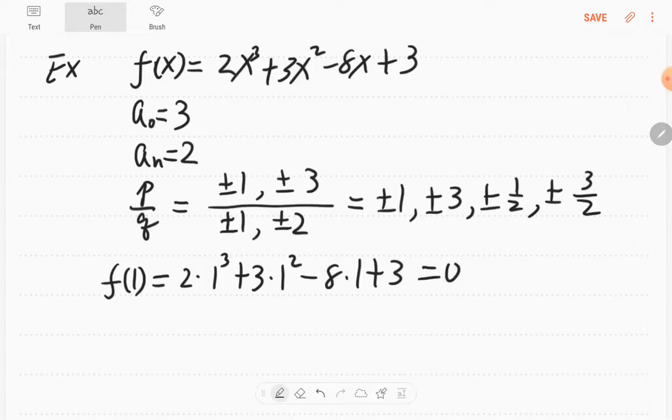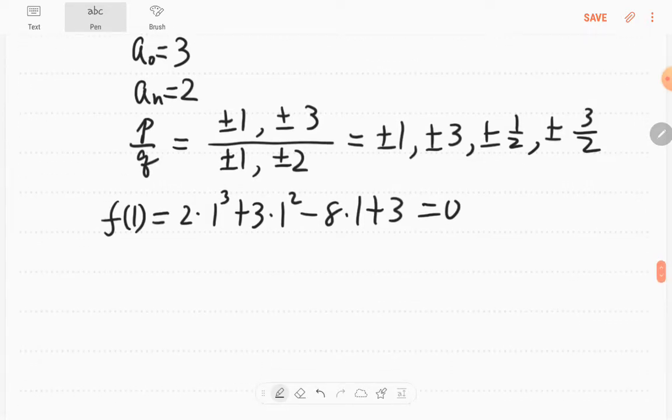The first one makes it 0. Do you remember we have the theorem that says if this number is a 0, then x minus this number would be a factor of this function. So f of x can be written as x minus 1 times something, right?